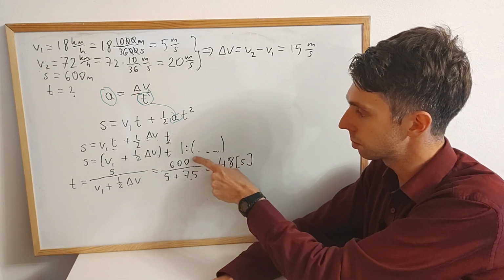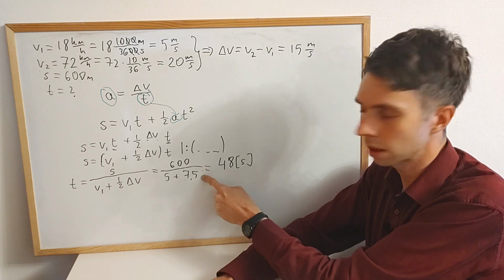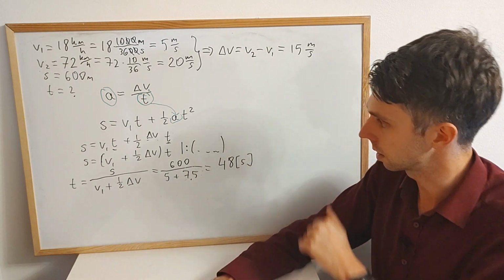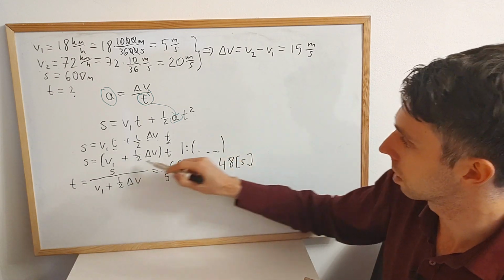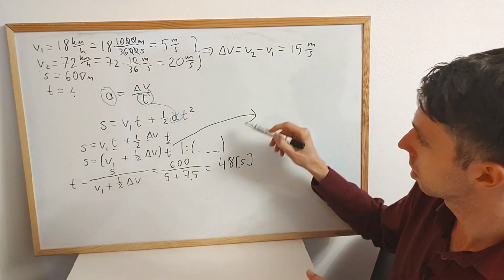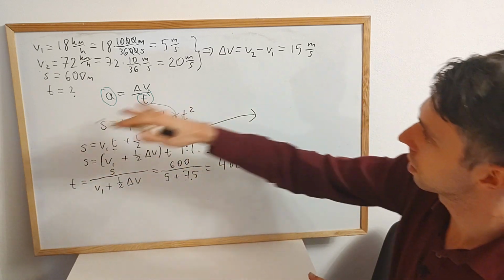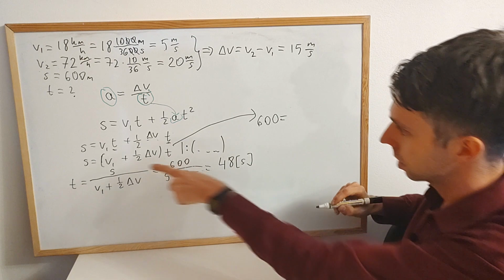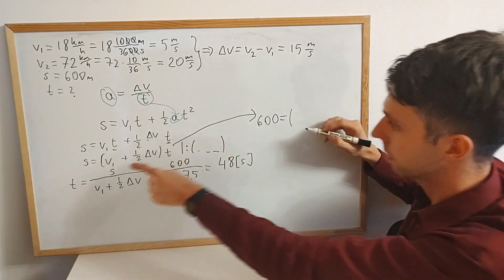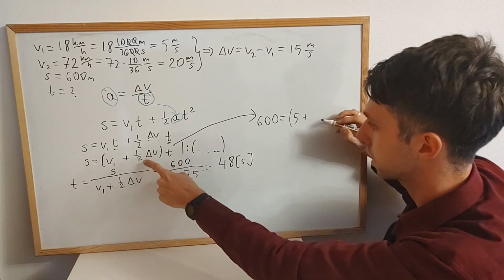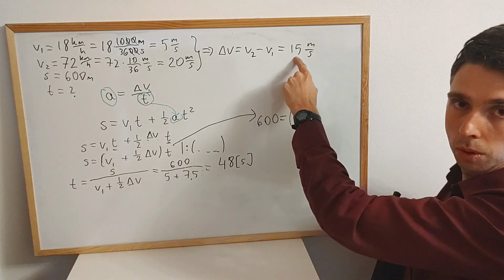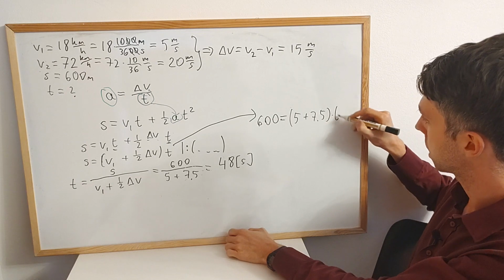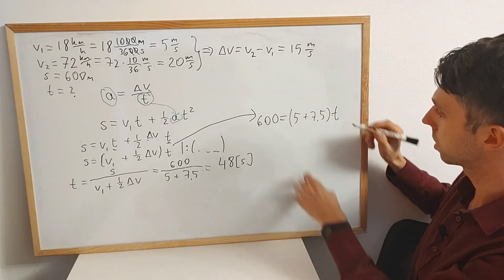Everything is nice because here you have meters, here you have meters per second, so the result is in seconds. And second approach, from here you plug in numbers, so you have distance 600, in bracket you have what? You have v1 5 plus 1/2 delta v, so 1/2 of 15, so this is 7.5, times t, so this is 12.5.